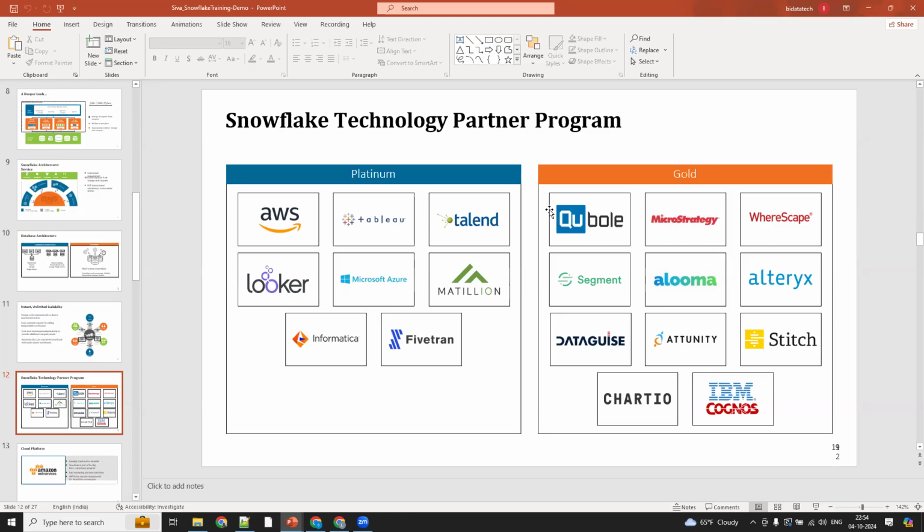Definitely, 99% I guarantee you'll have a connection. If they don't have a connection in that ETL tool, I would say they're not up to the market standards. It can integrate with any tool. That is also one of the beauties.